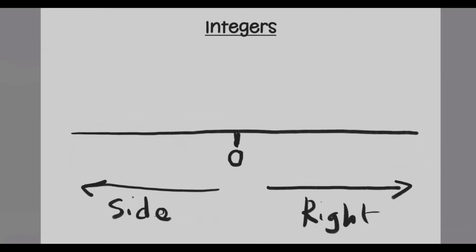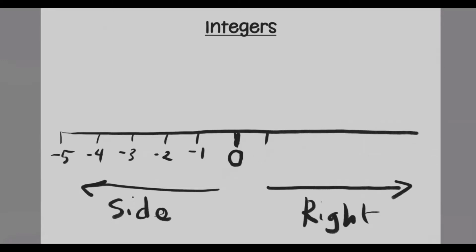Also, as a number goes farther left, it becomes even smaller. So for example, we have -1, -2, -3, -4, -5.